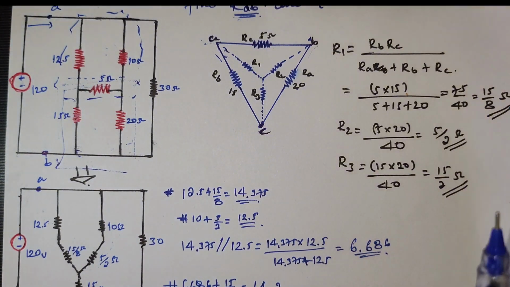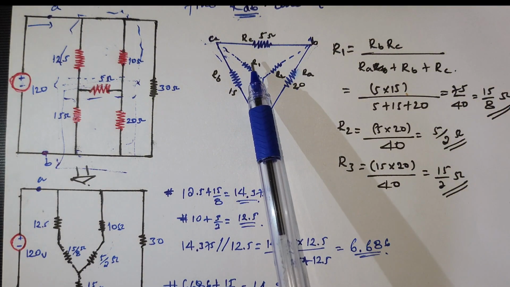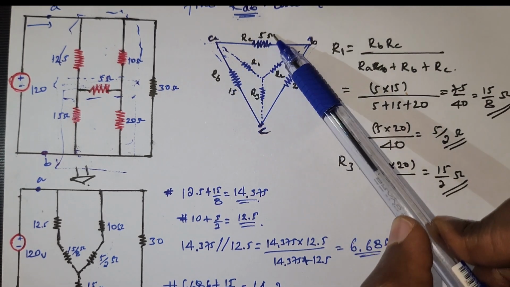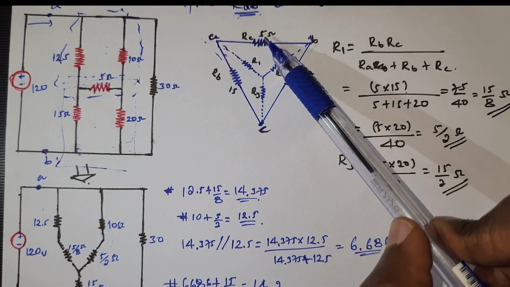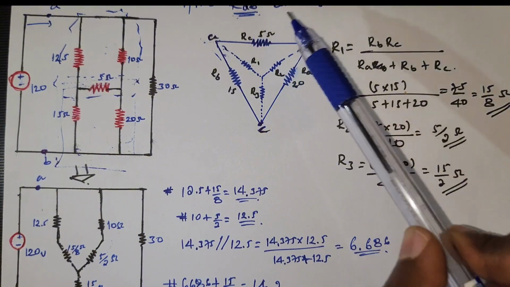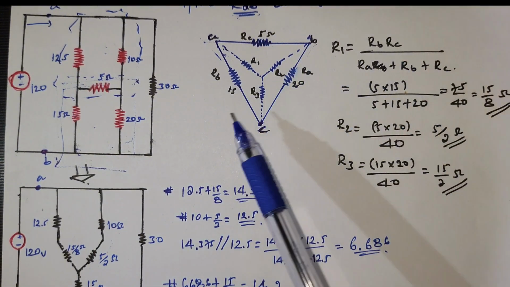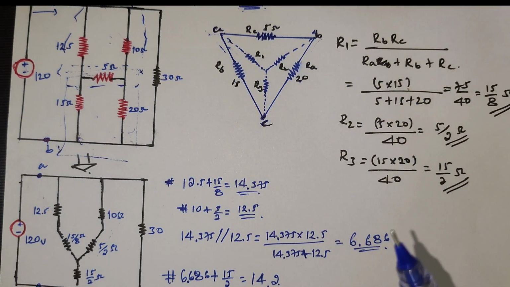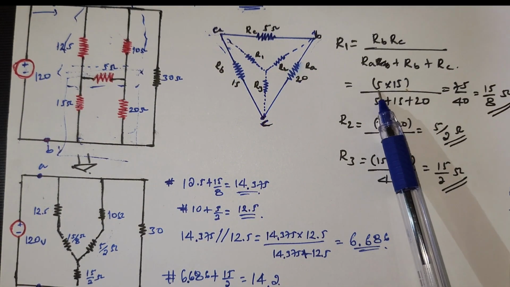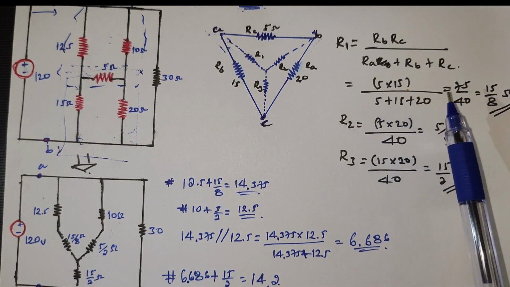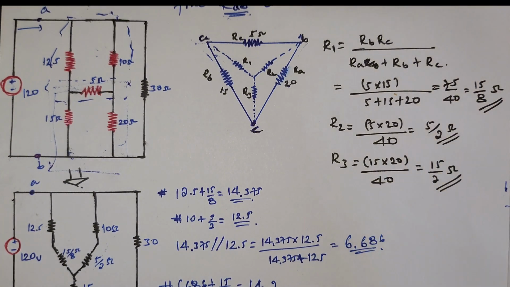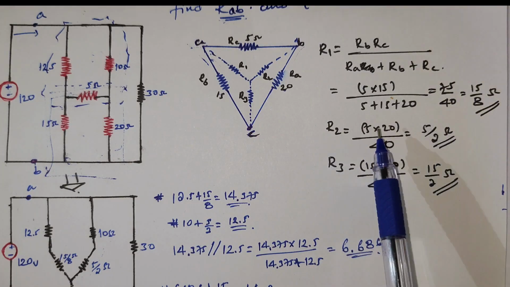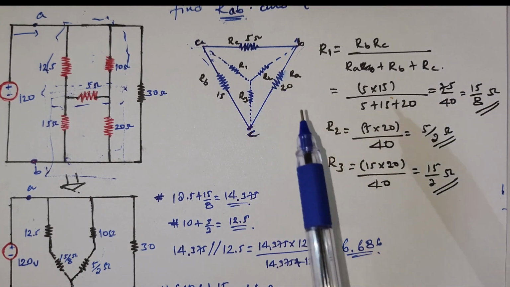First let's transform. To calculate R1, we multiply the adjacent resistors, RB times RC, divided by the summation of the 3 resistors. So this will be 5 times 15 divided by 5 plus 15 plus 20, which is 15 over 8.